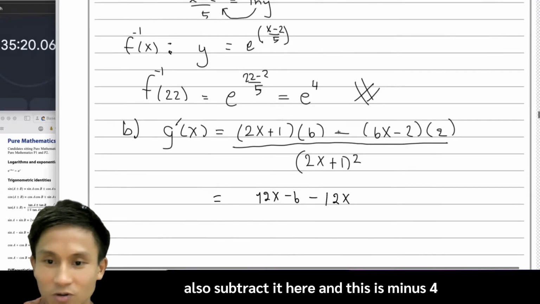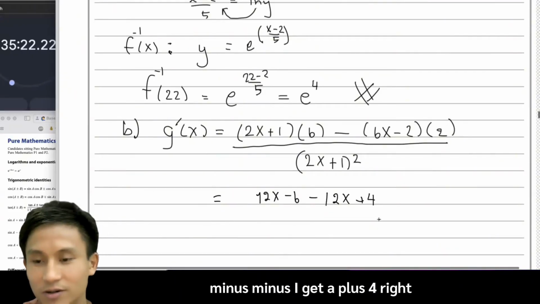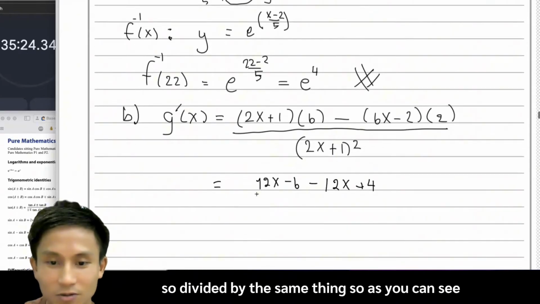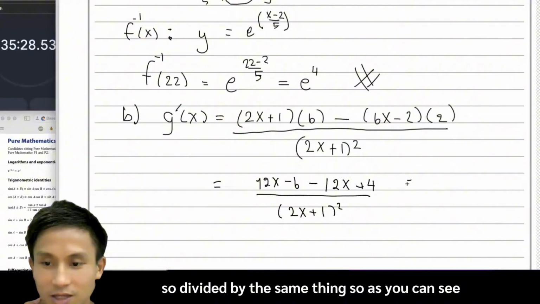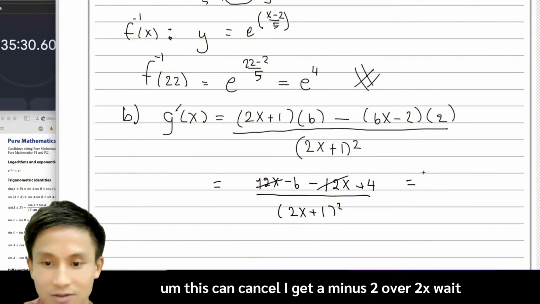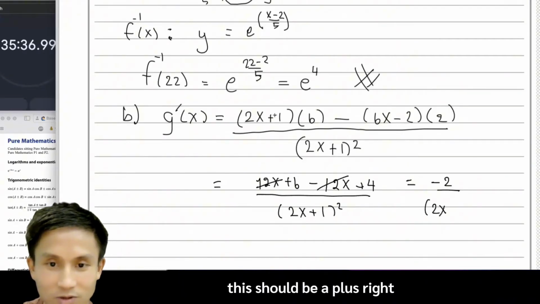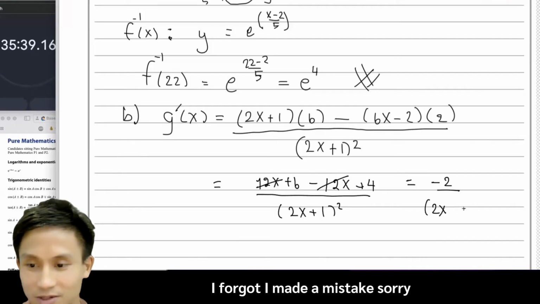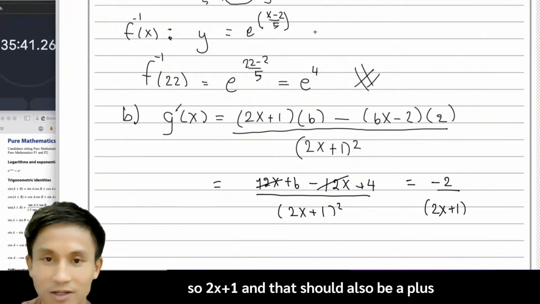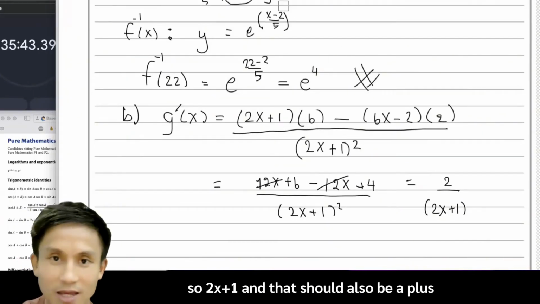And this is minus 4 minus minus, I get a plus 4, right? So divided by the same thing. So as you can see, this can cancel. I get a minus 2 over 2x. Wait, this should be a plus, right? I forgot. I made a mistake. Sorry. So 2x plus 1, and that should also be a plus.